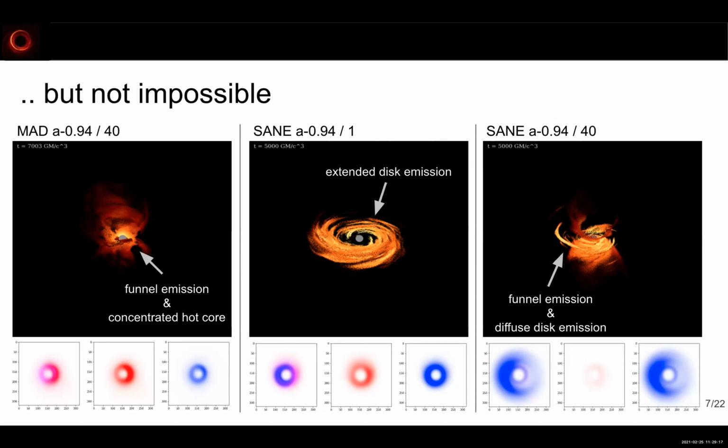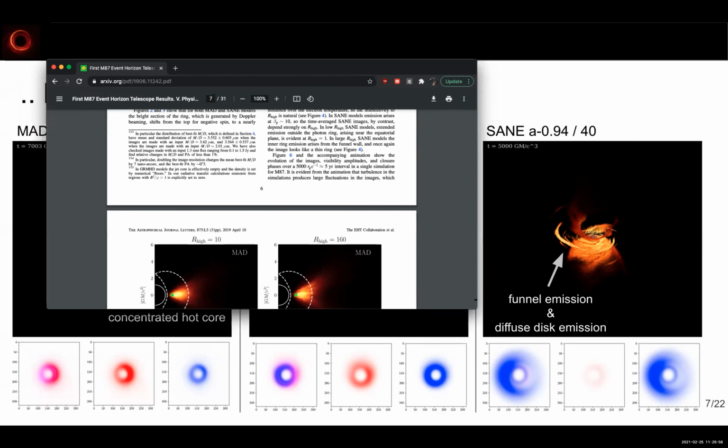Okay, so this is actually in some sense contrary to what you could see directly in the picture in paper 5. So let me bring up that picture. I think this 3D rendering is perhaps misleading because there's a strong amount of emission here at close radii. Sorry, I'm trying to bring up figure 4. I see, so they're talking about this.